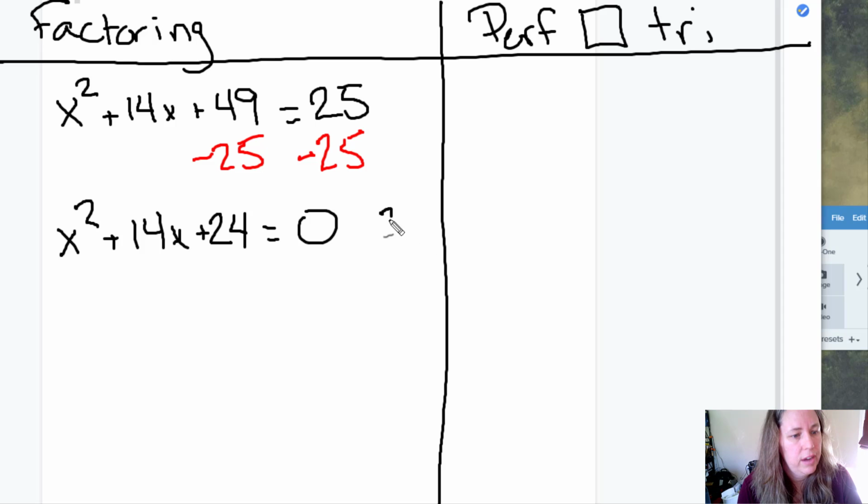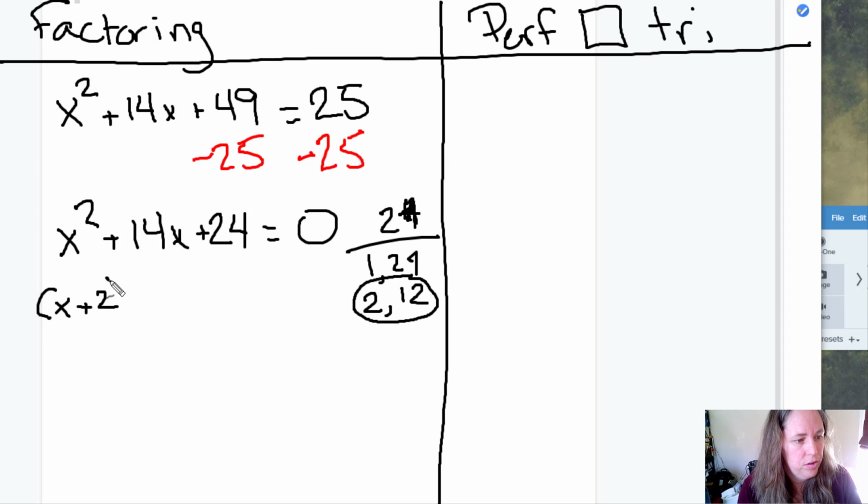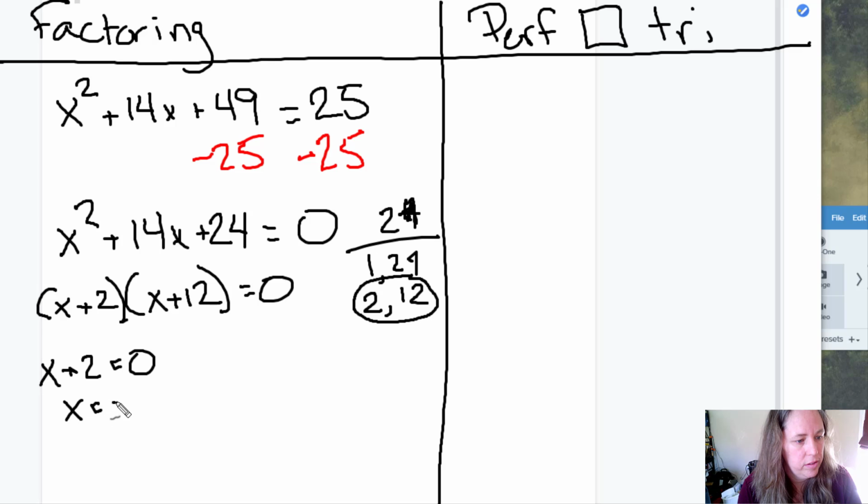We're going to get the factors of 24: 1 and 24, 2 and 12, and there's our factor pair right there, 2 and 12. So we get x plus 2 times x plus 12 equals 0. So x plus 2 equals 0, which gives us x equals -2, and x plus 12 equals 0 gives us x equals -12.